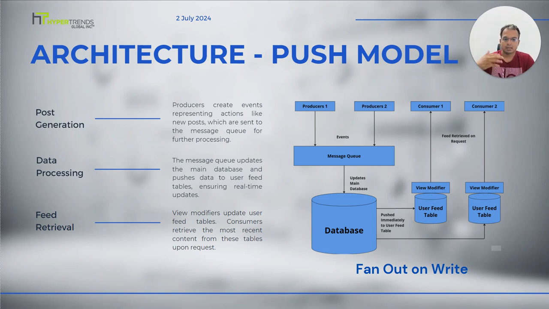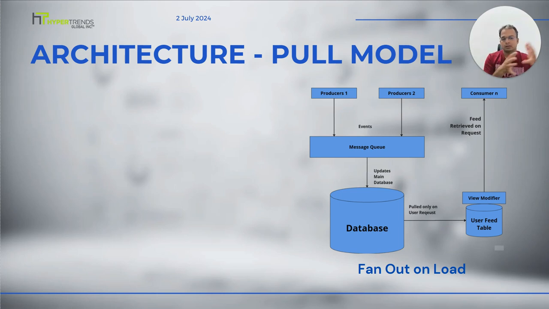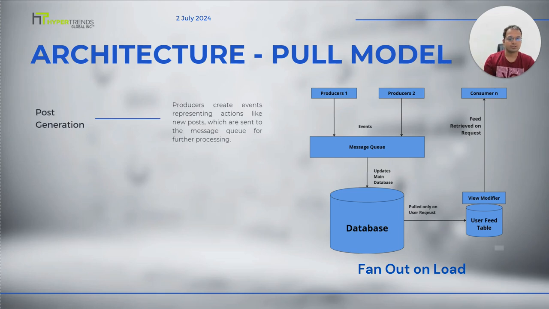And as you'll be thinking, next is the pull model, the counterpart of this. The process is the same: the producer is producing the data and the consumer is consuming the data. In the whole cycle, there will be post generation again, that will be processed and ingested to the database.